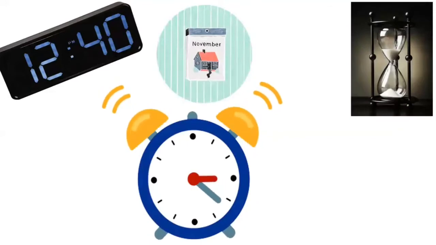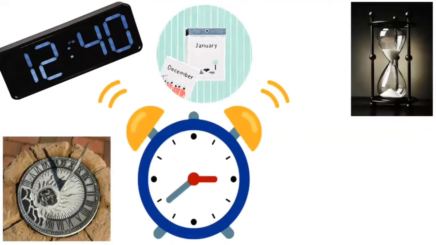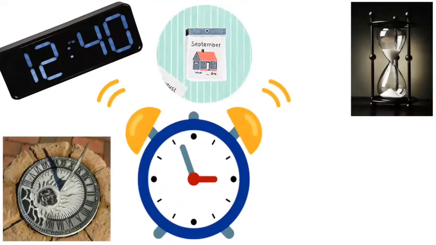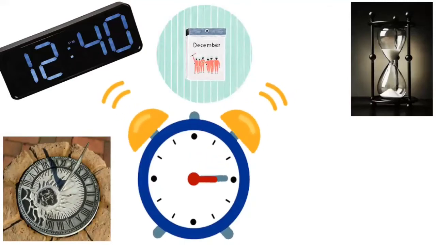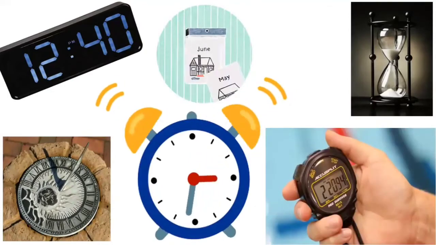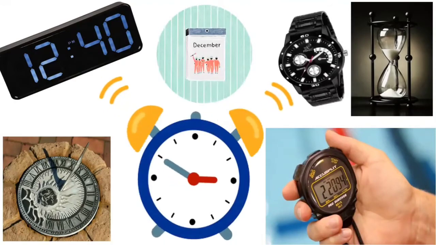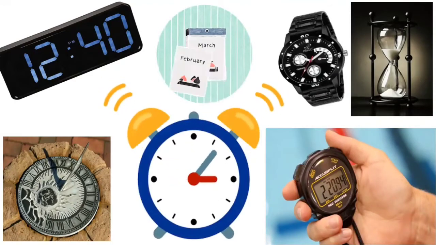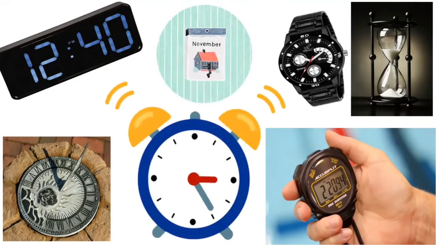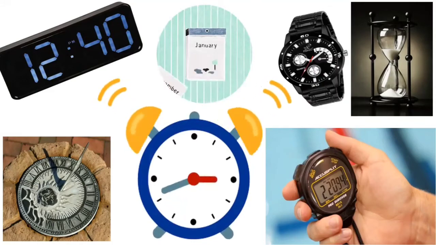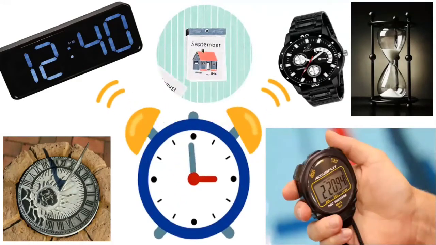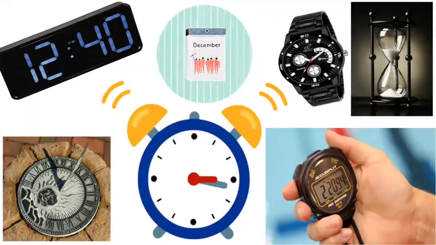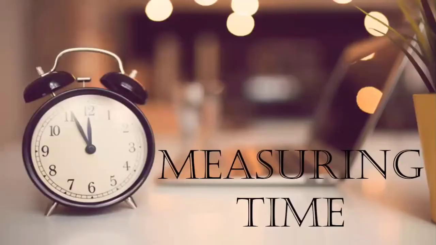Also, by looking at the hourglass or the sundial that was used in the olden times, or by looking at the stopwatch, or by looking at the wristwatch. So, these are the tools which we use to measure time. So, today we will learn how to measure time in the chapter Measuring Time.